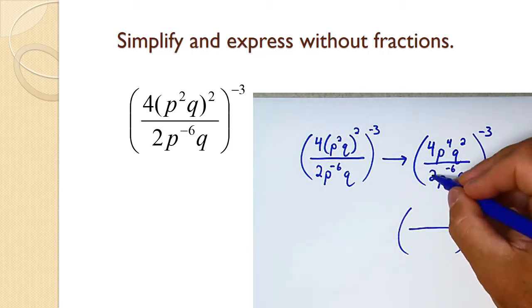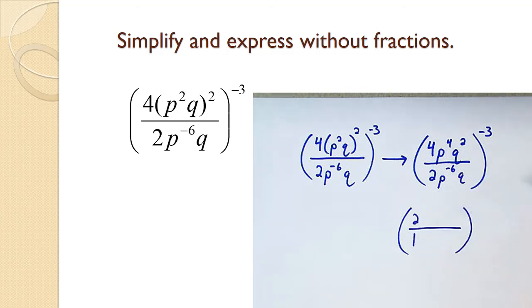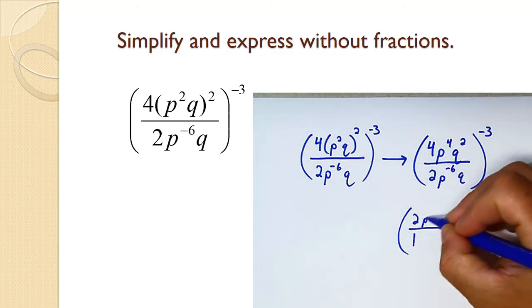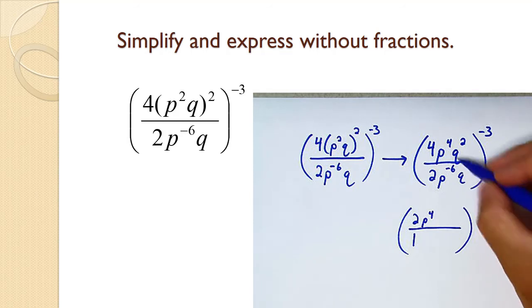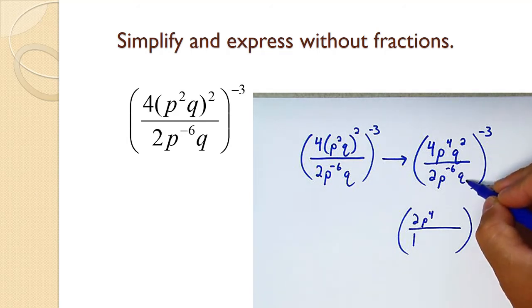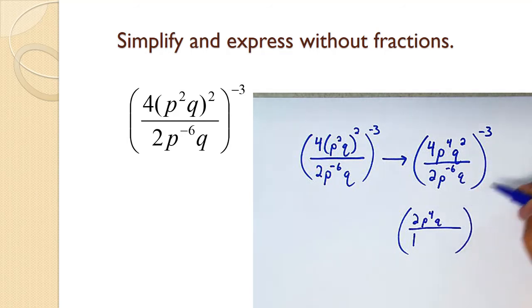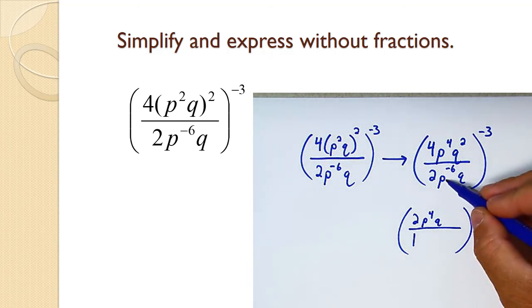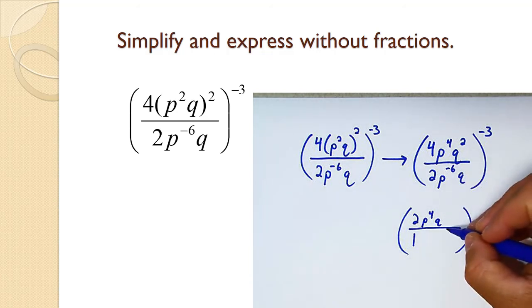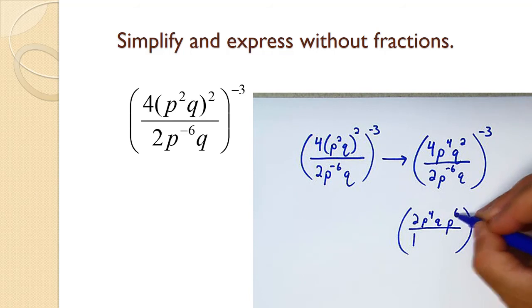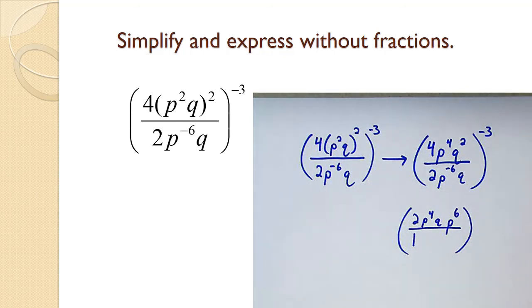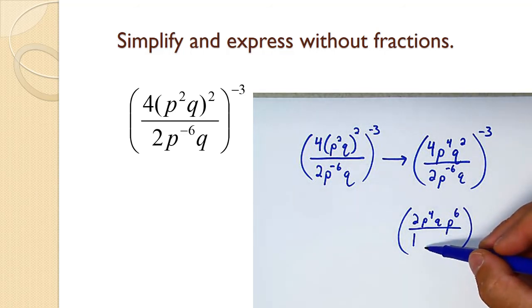And so 4 over 2 is the same as 2 over 1. The p to the 4th will stay. Q squared over q, well, that's just going to leave a q in the top. And if we bring that p to the -6th up to the top, it becomes p to the +6th. So the only thing that's left in our denominator is that 1.